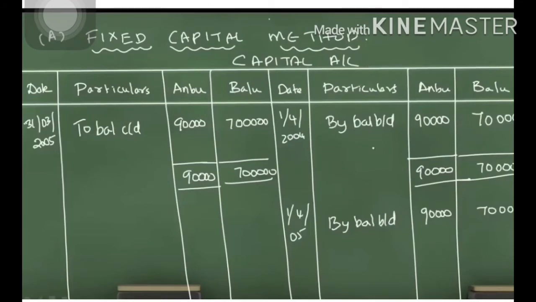What else we had discussed? Suppose the partner withdraws any capital or he introduces additional capital, then that also would have been included in this capital account. But since in this sum that is not there, there are only two entries, opening and closing. Now as you can see, the opening balance and closing balance are exactly the same because this is the fixed capital method. The capital here remains the same.